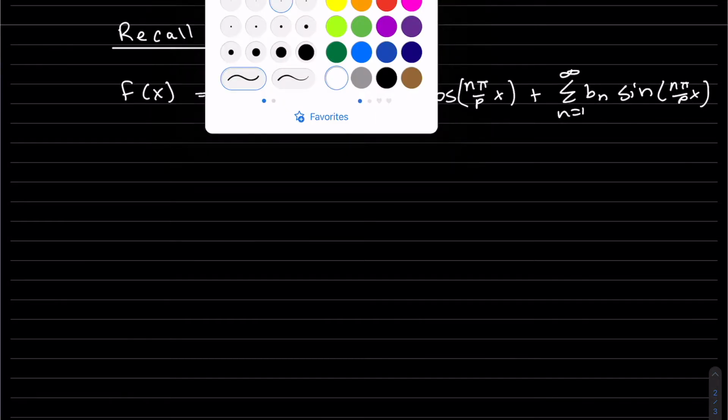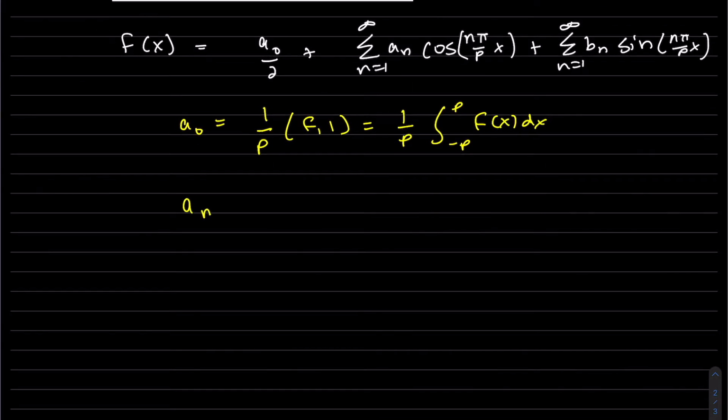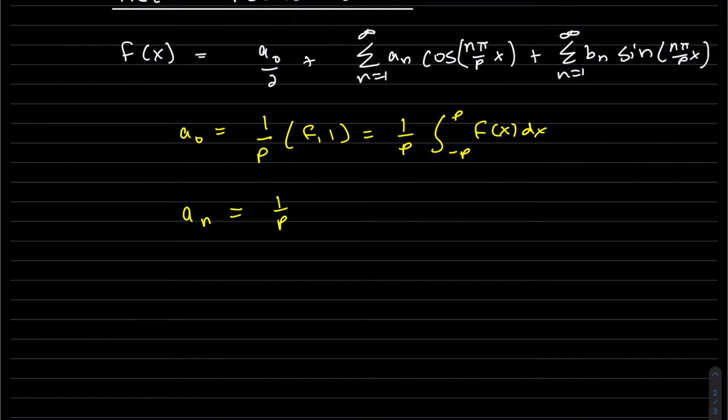And we built formulas for a naught, a n, and b n, where a naught is 1 over p, the inner product of f and 1, and a n is 1 over p, the inner product of f and cosine.